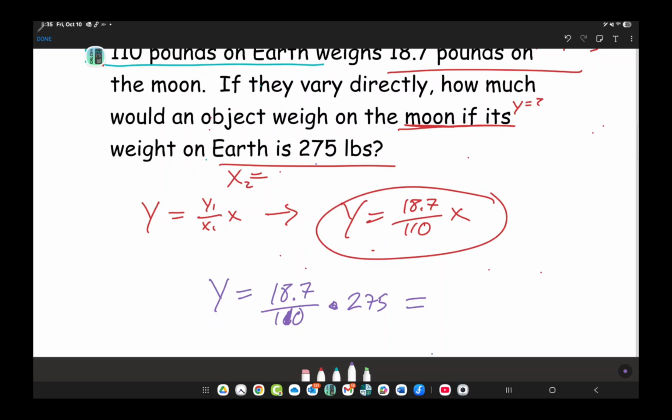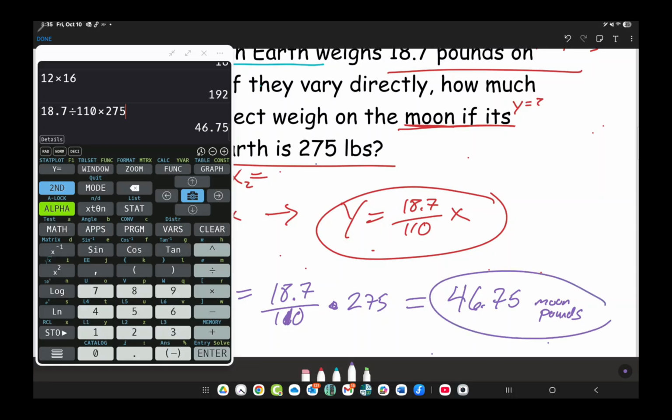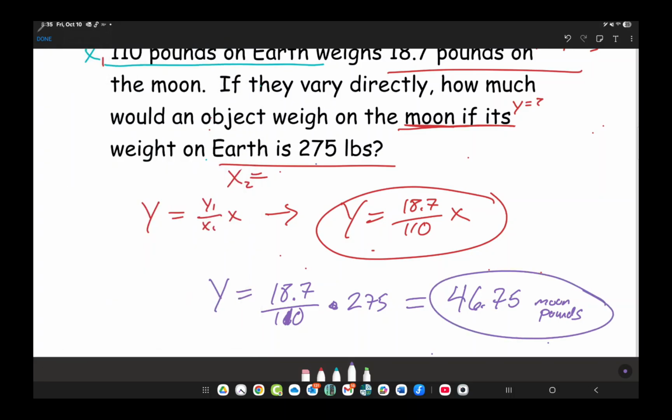And I'm just going to plug that into a calculator. So 18.7 divided by 110 times 275. 46.75 moon pounds. So if you're 275 pounds on Earth, you're 46 pounds on the moon.